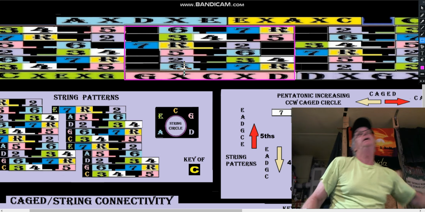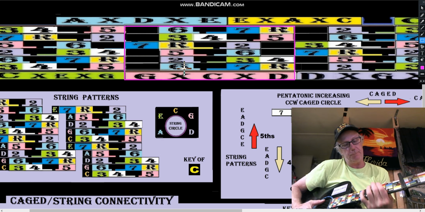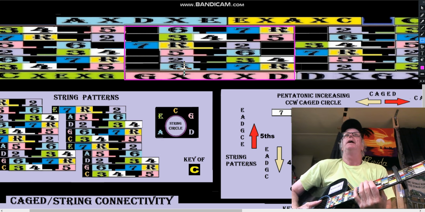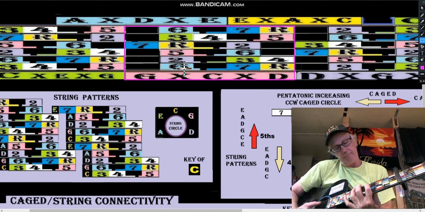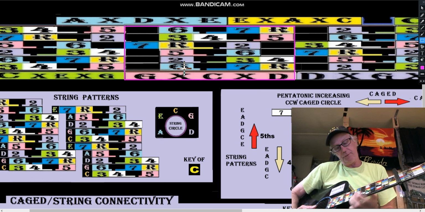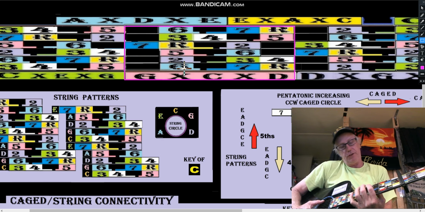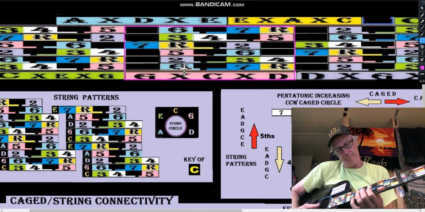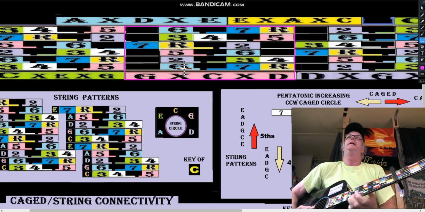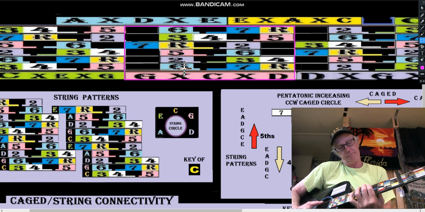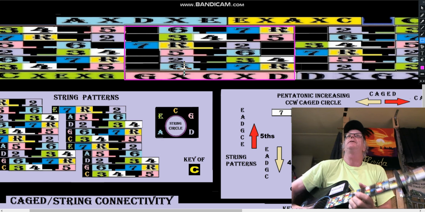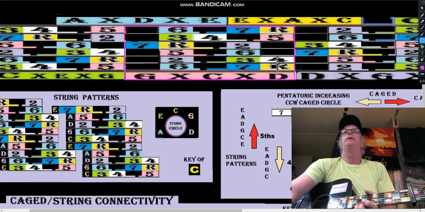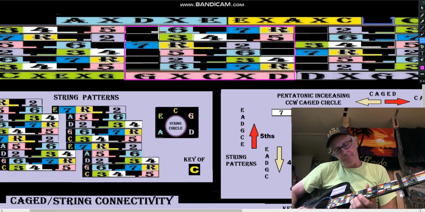So the G tripentatonic, G-shaped tripentatonic, starts on the 6th, so it goes like so. That's a G-shaped C, and then we have a C-shaped C, and then we have the D-shaped C. Then you just put the 3 of them together, and you get that entire diatonic scale.